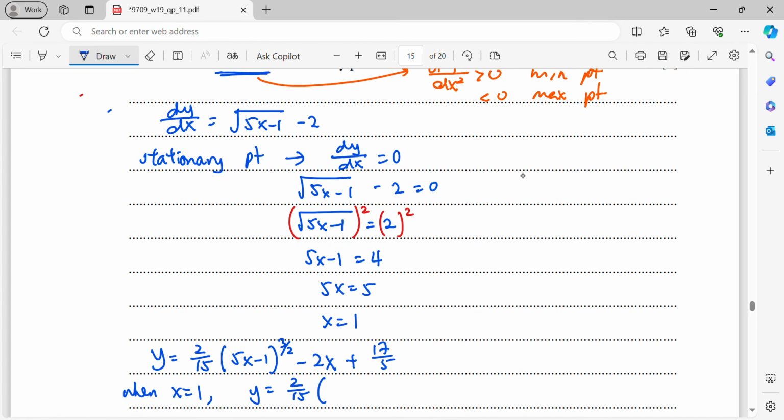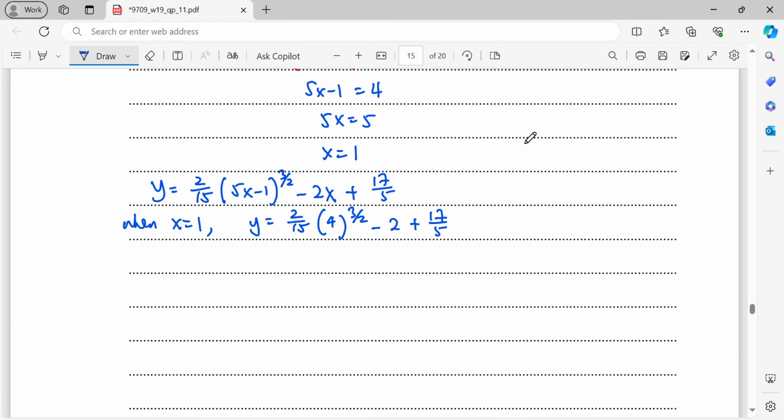So 5 times 1 minus 1, you get 4. And this is going to be 37 over 15. Then I get the stationary point: x is 1, y is 37 over 15. So done for this stationary point.